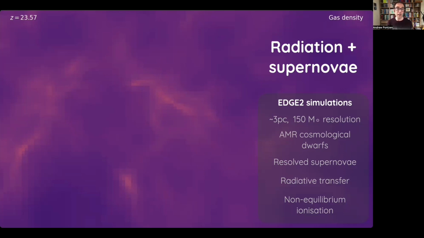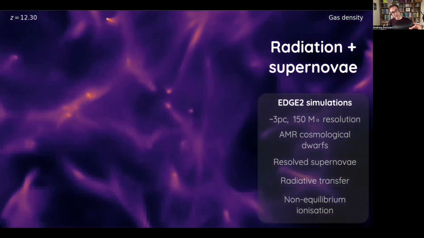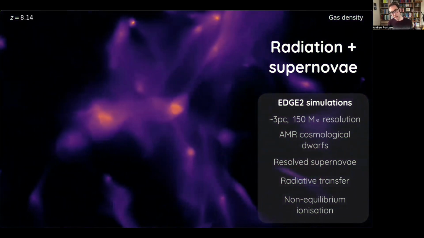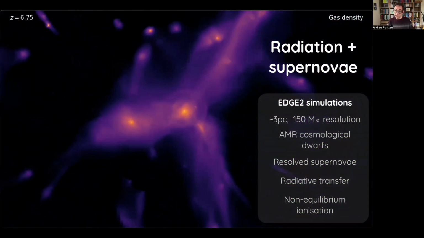So here I'm showing the effect of all of that physics on the gas in a region that's collapsing to form a small dwarf galaxy. This is a very high redshift. I've paused just before reionization is about to affect this region. So you can see that we formed a number of teeny tiny little galaxies there. You're looking at the gas density there.